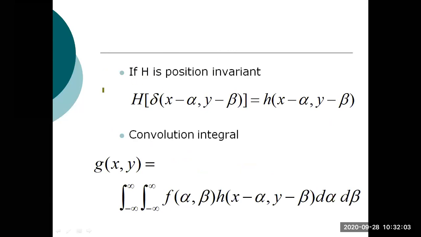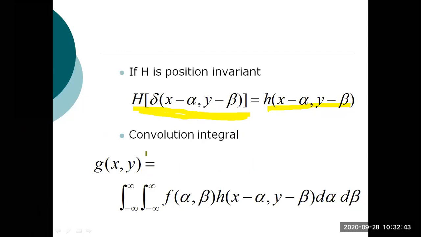Already we have seen this expression. What is the condition? If H is position invariant, let us consider this is in the spatial domain. If we provide a delay in the x direction and y direction in the spatial impulse response of system H, the same delay appears in the output also. Capital H is the frequency domain, small h is the spatial domain. Let us consider the spatial domain as input and the frequency domain as output. So the delay in x and y is the same as the delay in capital H. That is called position invariant.